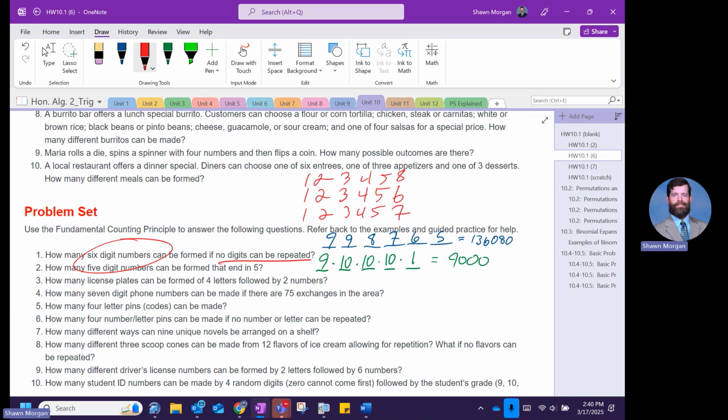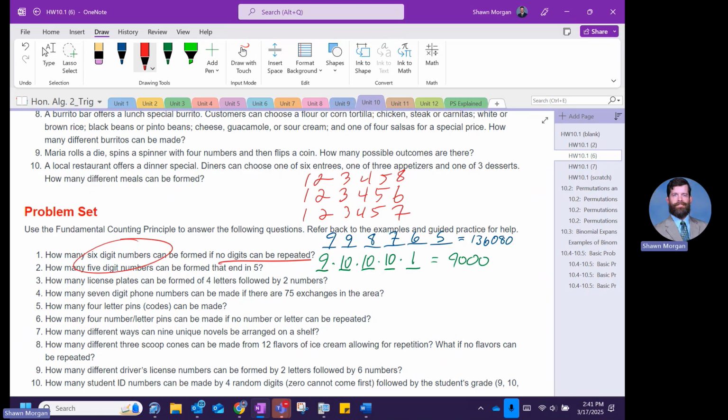Those are all 3 examples. Am I going to sit there and brute force that 136,000 times? No. I have to have some mechanism by which I count all these possibilities, and that mechanism is the fundamental principle of counting, wherein we multiply the different options.